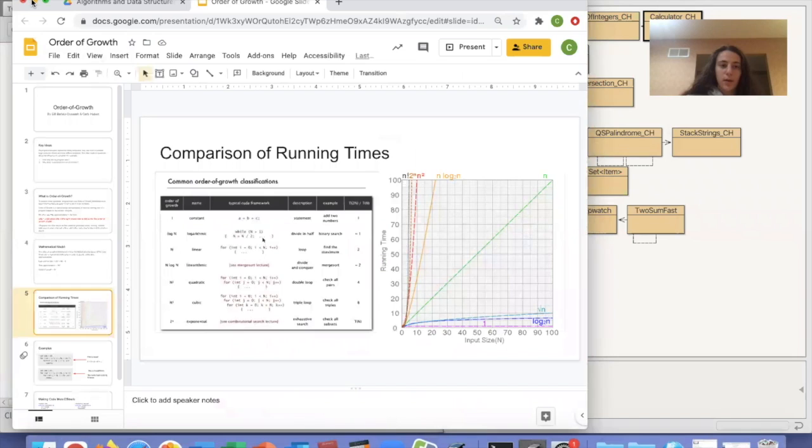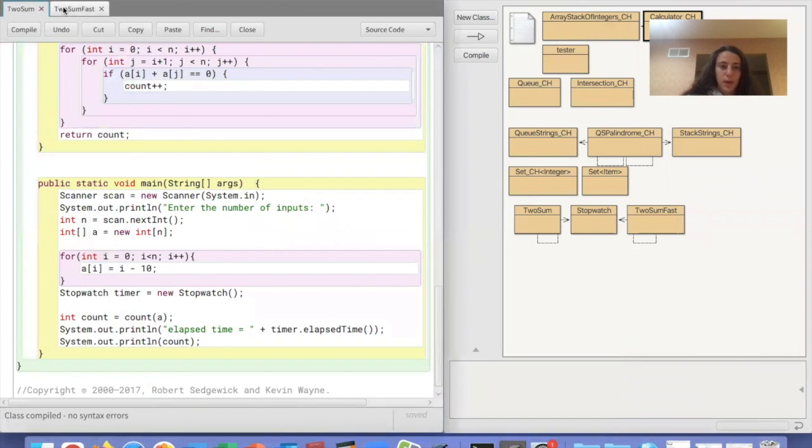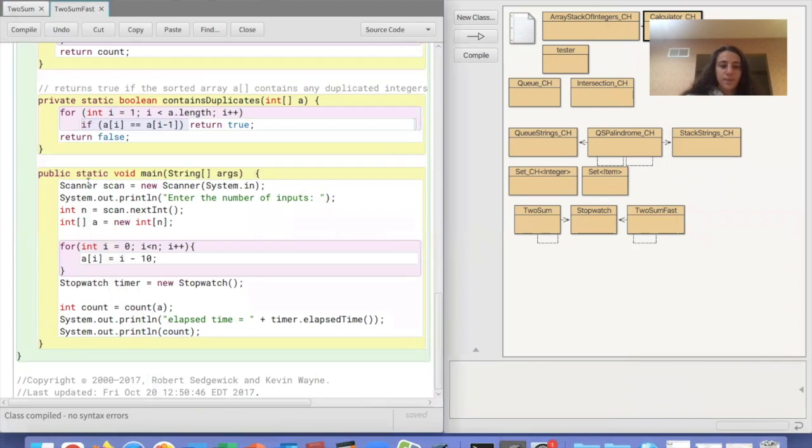And so here are the codes for twosum and twosum fast. The main in both is the same, so they have the same values in the array, so that is not going to affect the time. And then we use the stopwatch class to count how much time elapses for each of the programs.